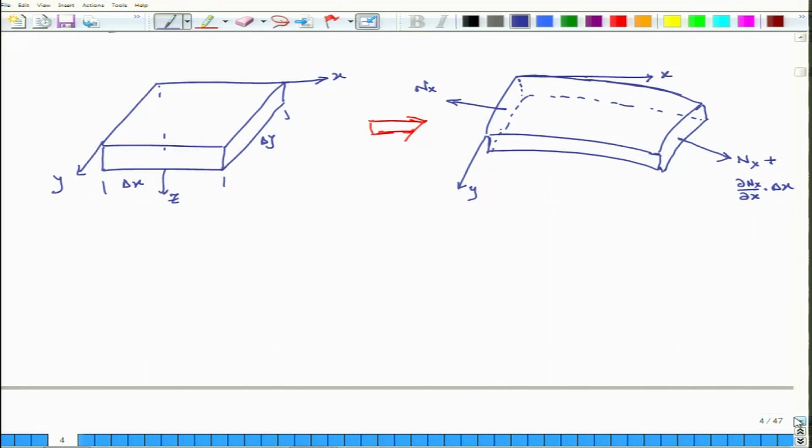Now, if I have to develop the equilibrium equation for the x direction, so it is sigma Fx is equal to 0, right. So, this is nx.